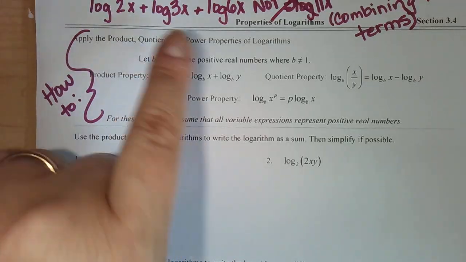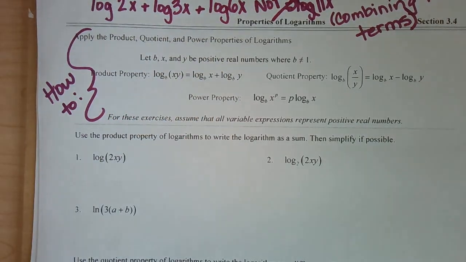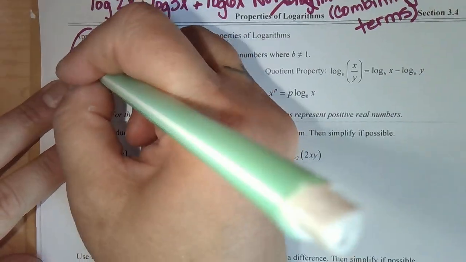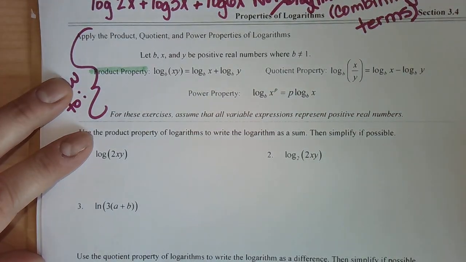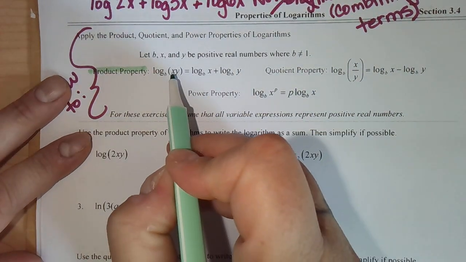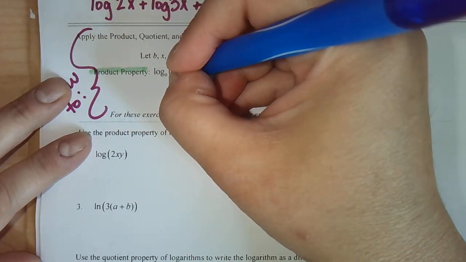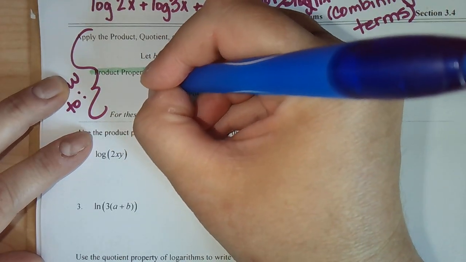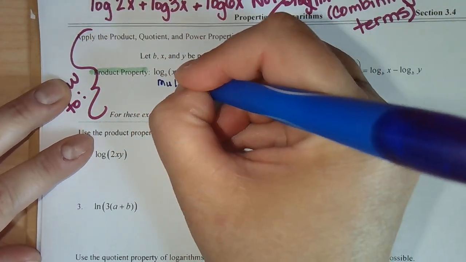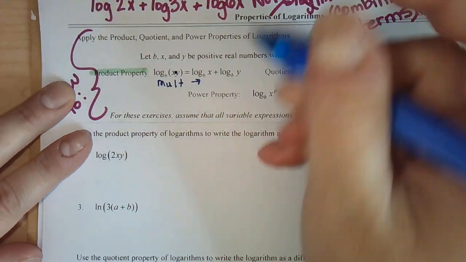Okay, so let's look at this paper. It says something called the product property. It turns something all squished together, and those could be squished together with a pretend multiply, it turns multiply into addition.